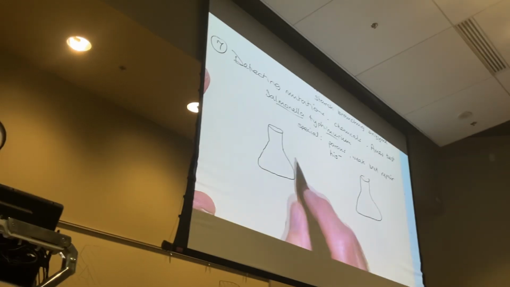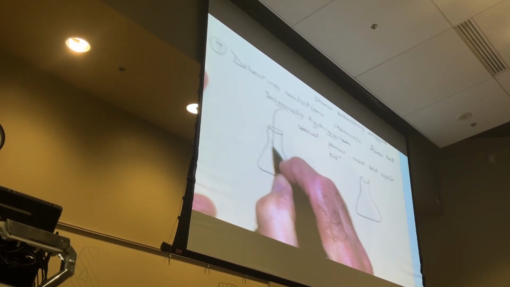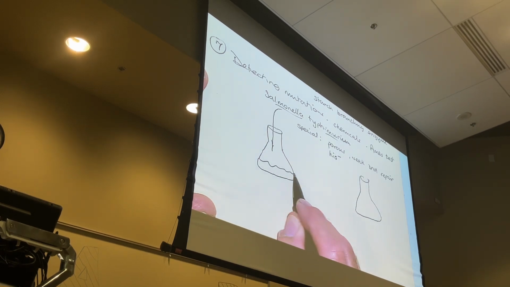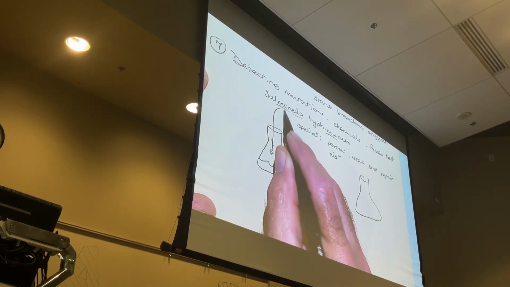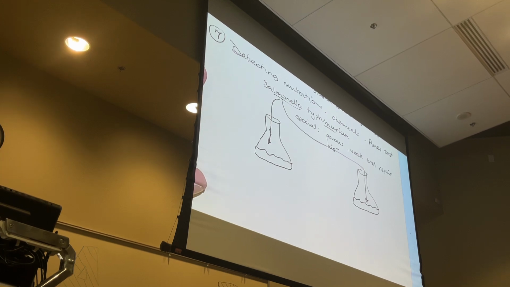So, we are going to put bacteria into both of these flasks. I have cultures of Salmonella.